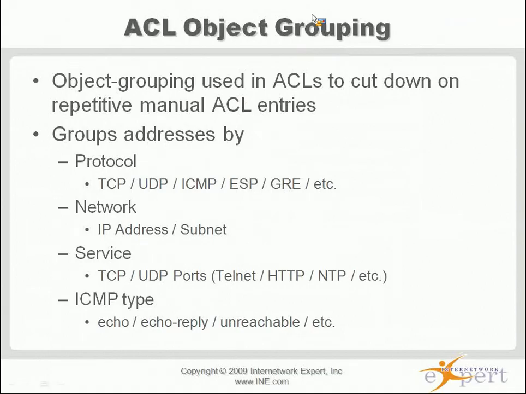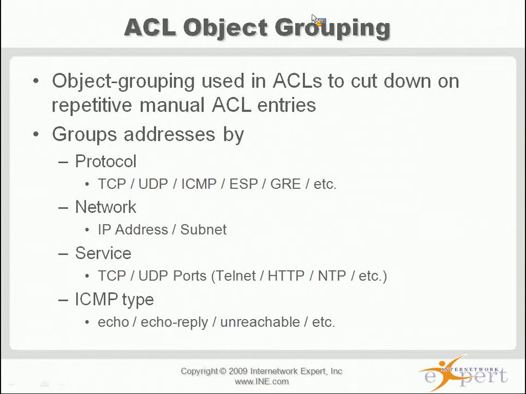Matching certain networks, if I want to match by networks, subnets, possibly hosts. I can also get into matching specific services, or matching ICMP types. So in this case, if I just wanted to do ICMP echo, echo reply, then I can do that.